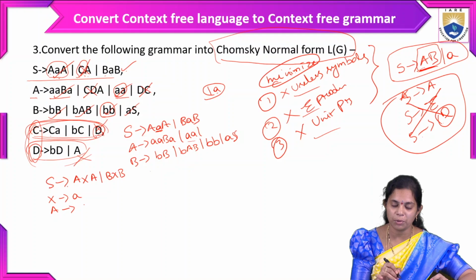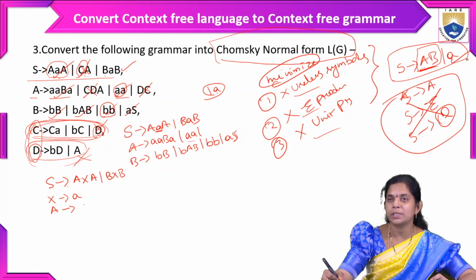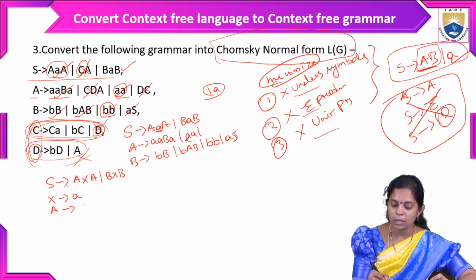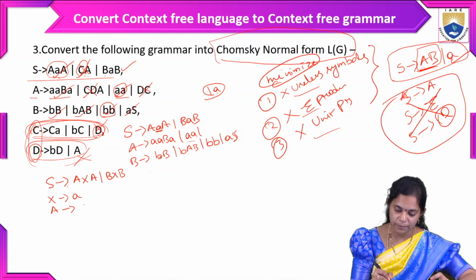A terminal on the right is already allowed in the rules of CNF, so we don't change the terminal value. In this grammar we don't have a single terminal rule, so all terminals should be changed here.